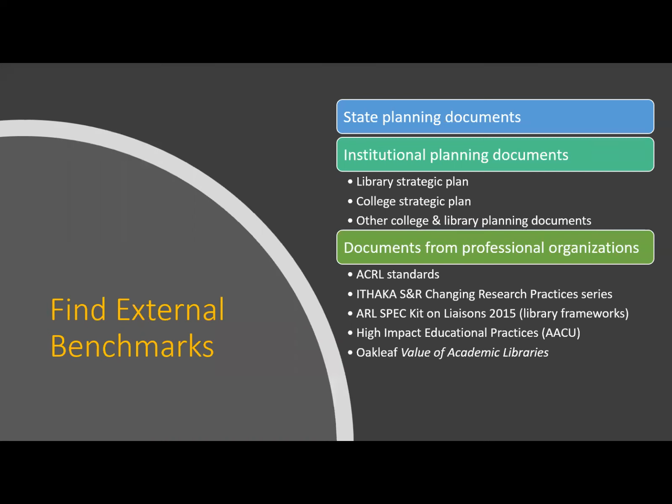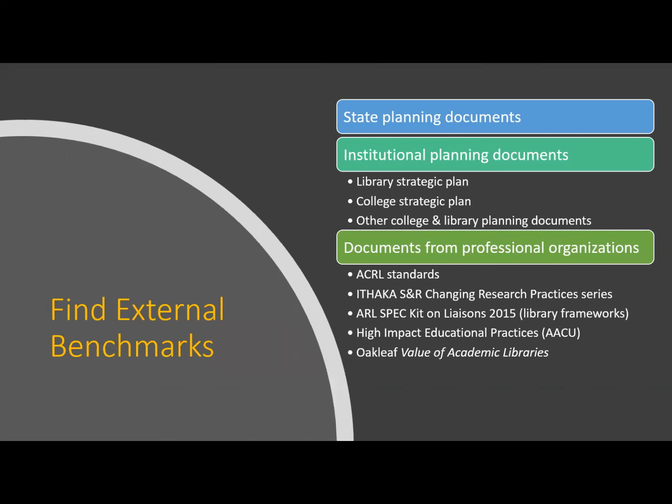So I really like to look for state planning documents. There are some for Florida. The State University System of Florida had the 2025 online education goals document. There was a 2019 textbook affordability project document. The Florida Talent Development Council has a 2020 to 2030 strategic plan.